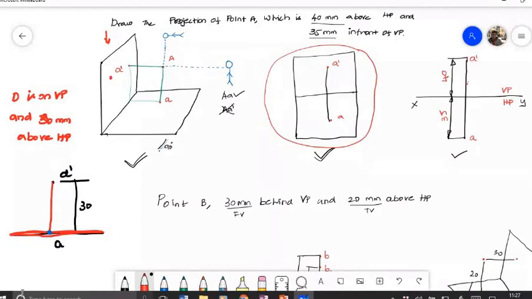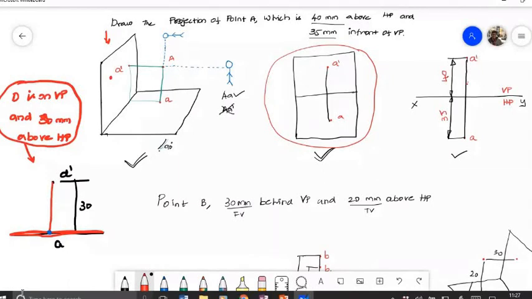So the solution for this particular problem. Are you able to understand? Yes, sir. How many of you are not clear with the solution?